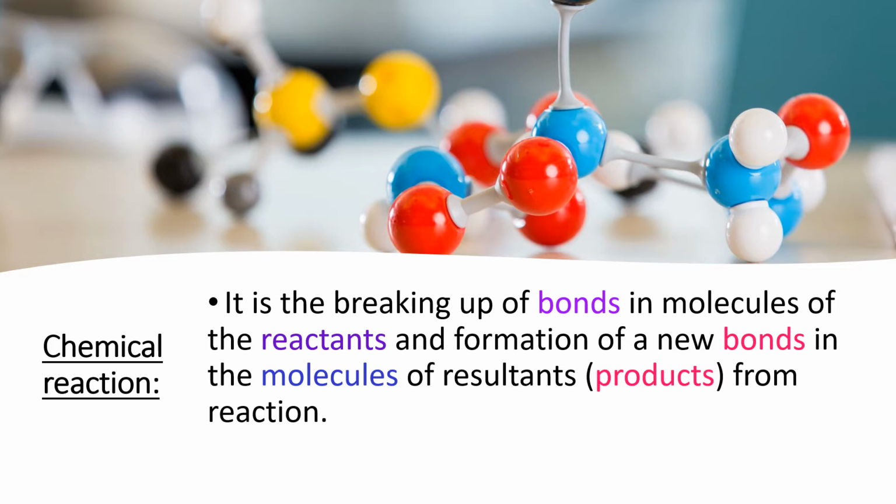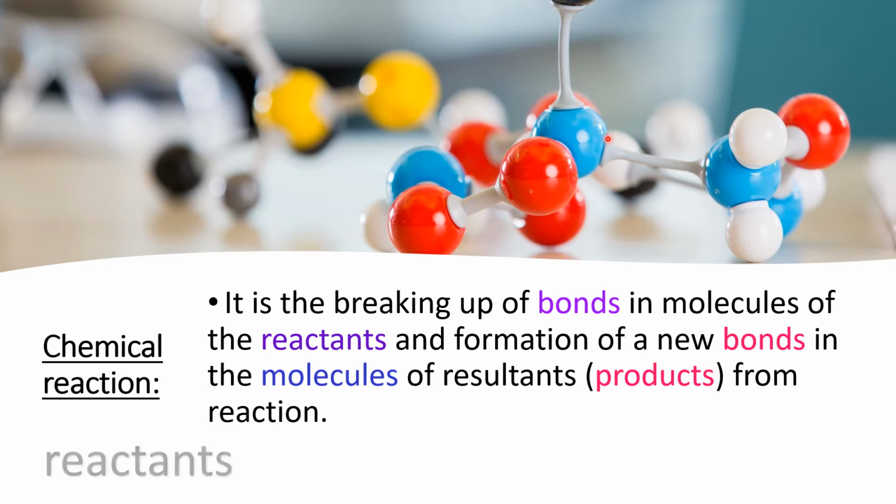That means breaking up, تكسر البوند الروابط اللي between المولكيولز of the reactant. طبعا هنا المولكيولز composed of atoms، فالبوند دي بيحصل لها ايه؟ تتكسر، breaking up and formation تكون. يبقى في breaking تكسر و formation تكون of new bonds روابط جديدة in the molecules of the resultant or product from the reaction. يبقى breaking up تكسر، formation تكون. Breaking up of bonds in the molecule of the reactant.